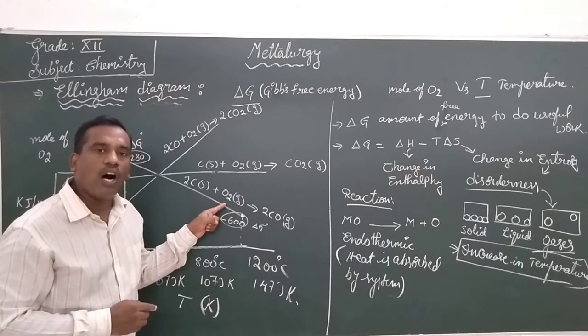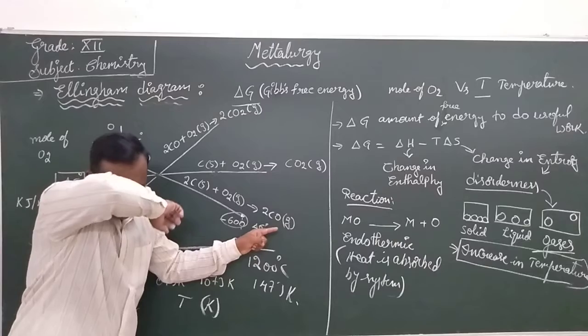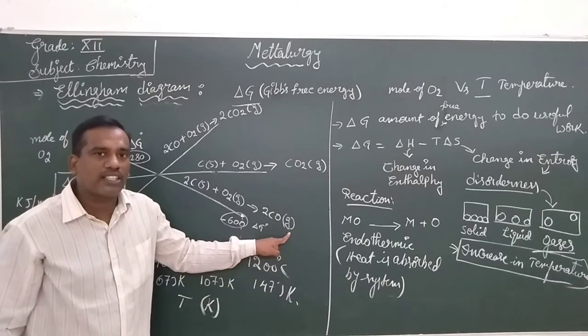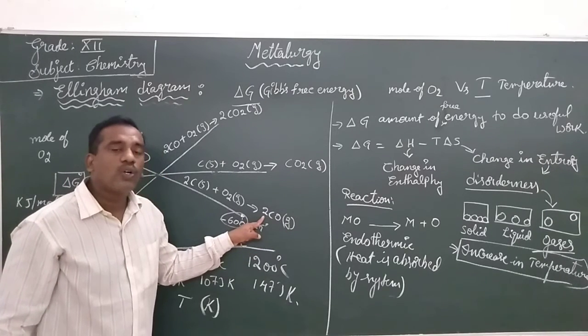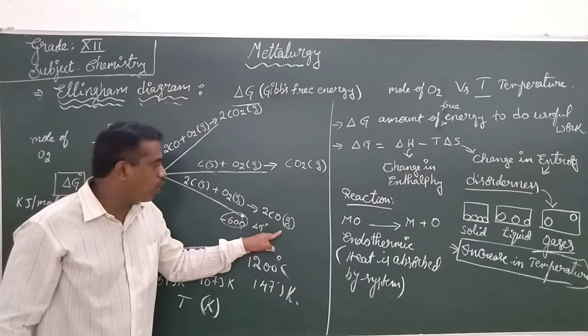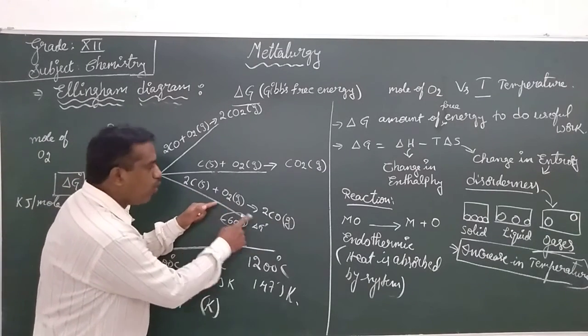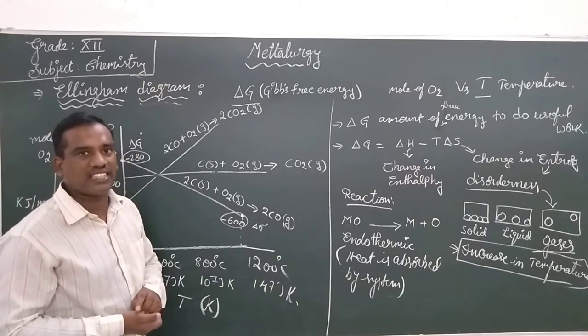Come to the products. These are in the gaseous state. Carbon monoxide is in the gaseous state. How many moles you got? 2 moles of carbon monoxide you got. 2 carbons are reacting with oxygen to give 2 moles of carbon monoxide gas.